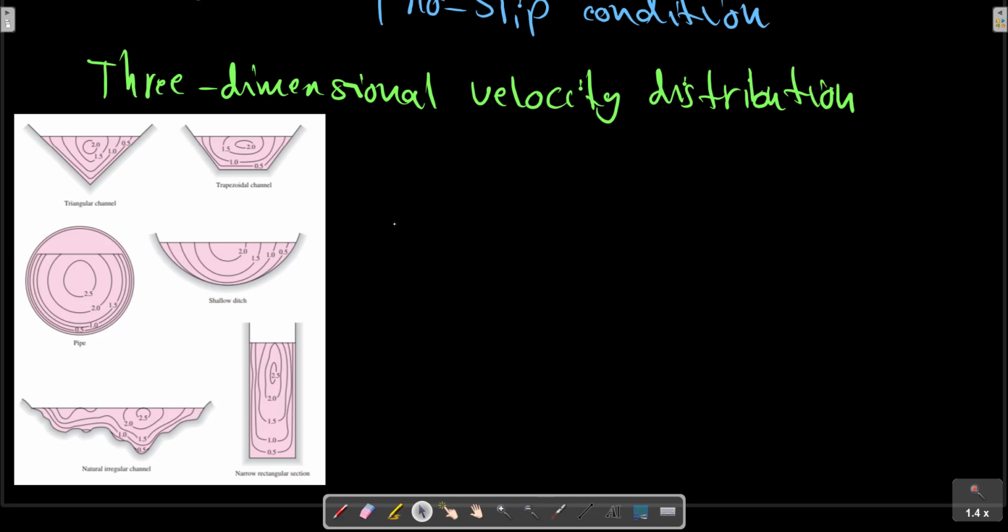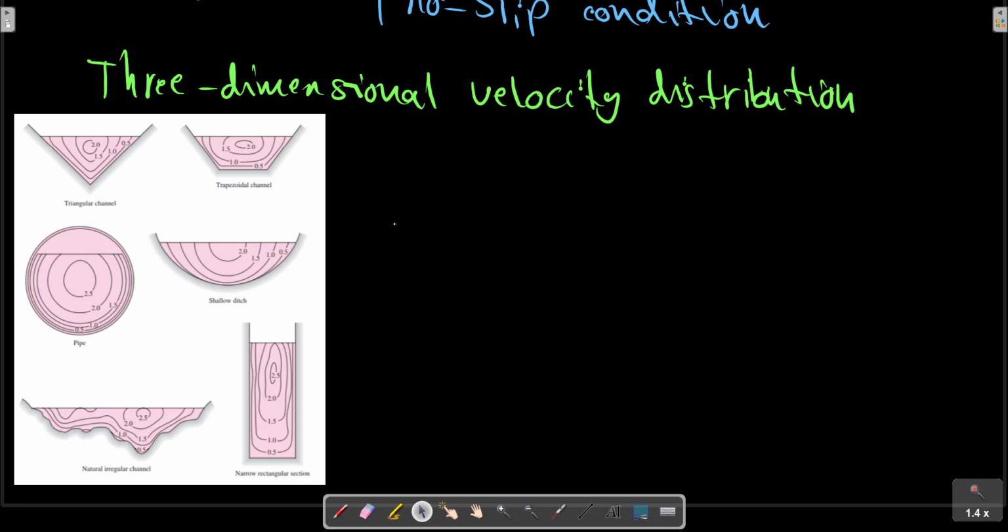In very broad, shallow channels, the maximum velocity is near the surface and the velocity profile is nearly logarithmic from the bottom to the free surface. In non-circular channels, there are also secondary motions similar to the closed-duct flows.